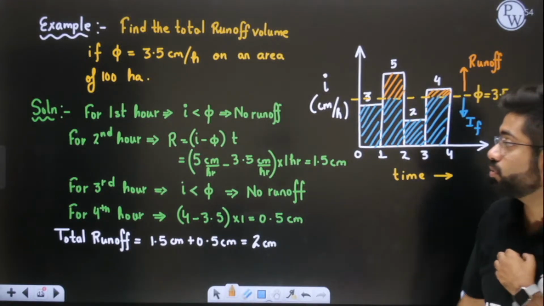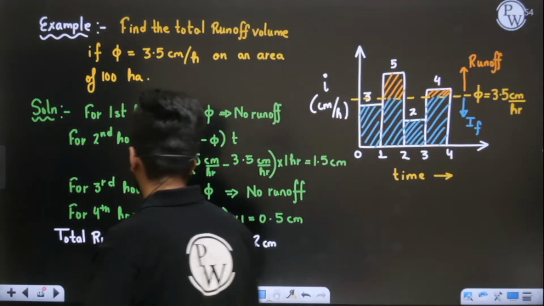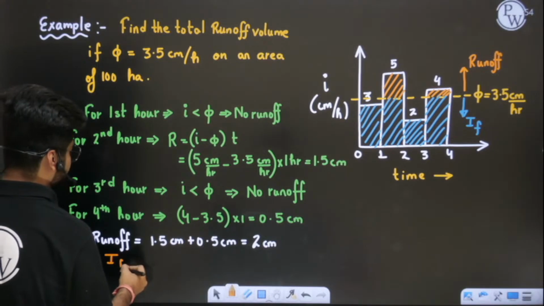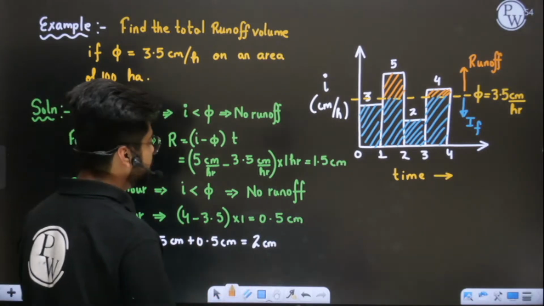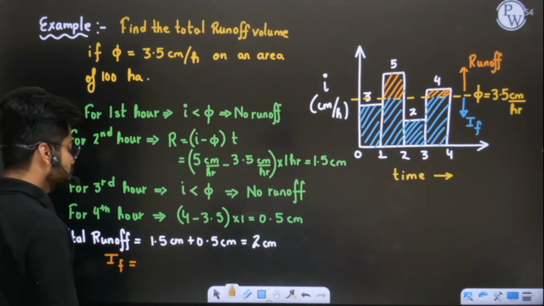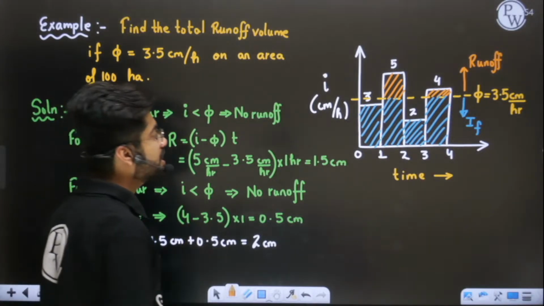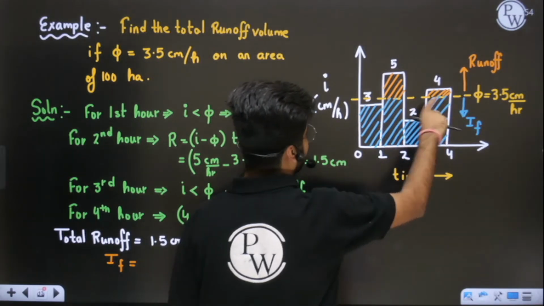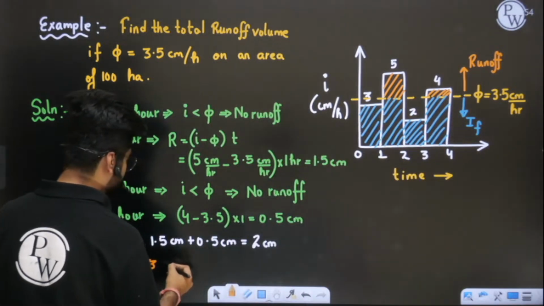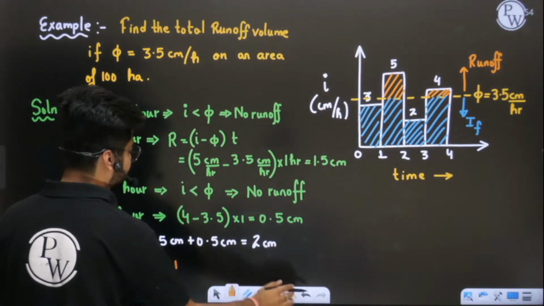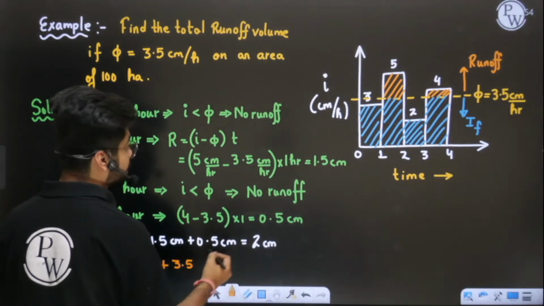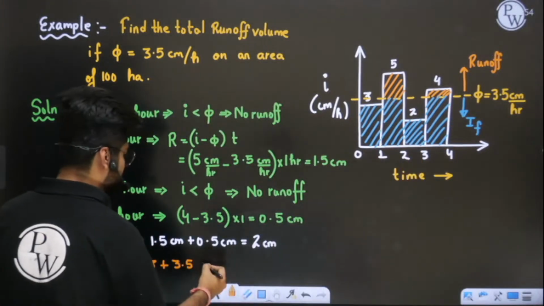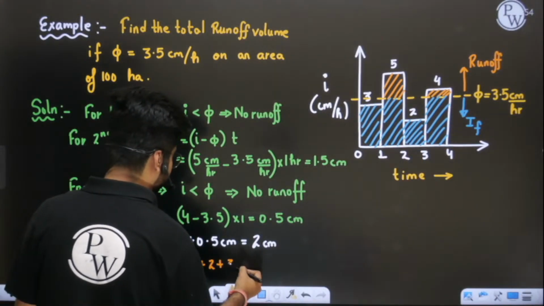So if I want to find total infiltration here, I can simply find it by finding this area, or you can also do P minus R. Or you can do this: 2 plus 3.5, plus 2 plus 3.5.